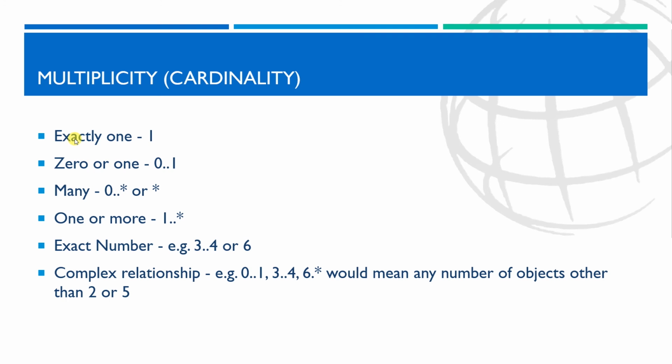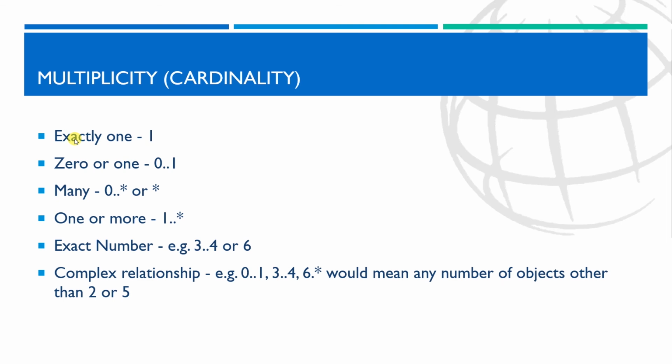For many, we use the asterisk symbol. For 1 or more, we use 1..*. For an exact number, for example 3..4, or just use the number 6.